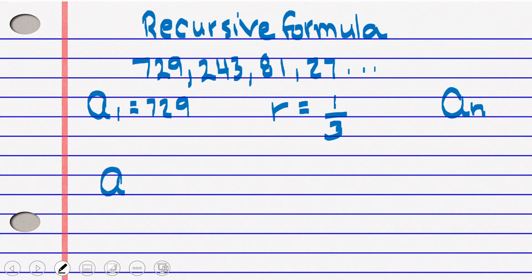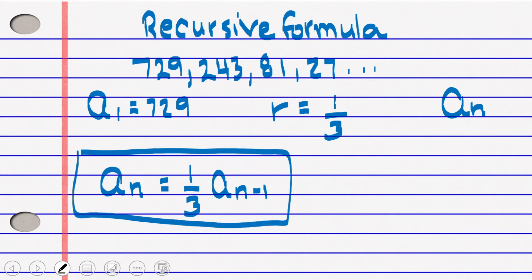So A subscript n, some term in my sequence, is going to be R times the preceding term to get to the next term every single time in the sequence. So this is the formula from the given information.